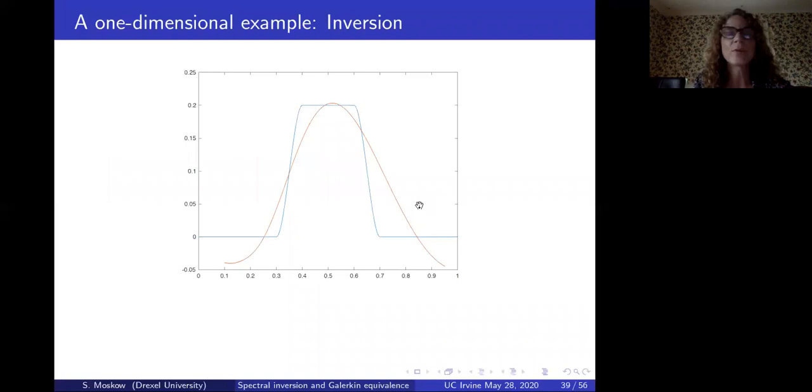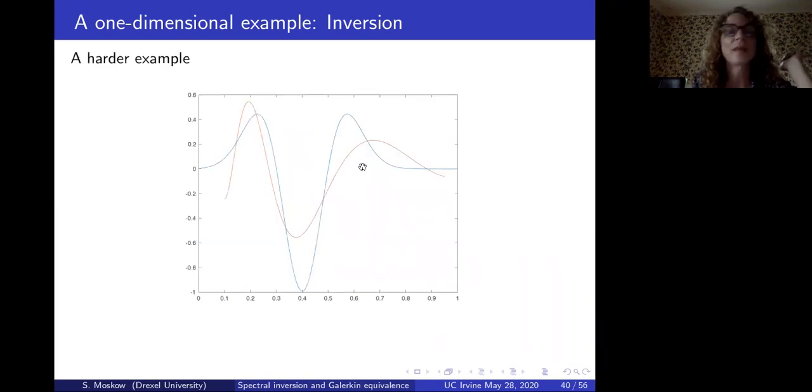And here's an example of a reconstruction of a Q. This was a piecewise cubic Q using this method. This is just 1D, of course. So it works, despite the fact that it seems kind of stupid.